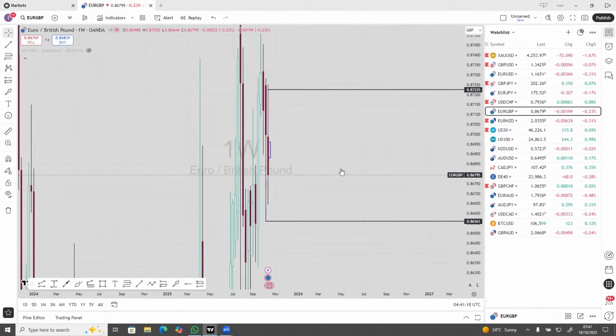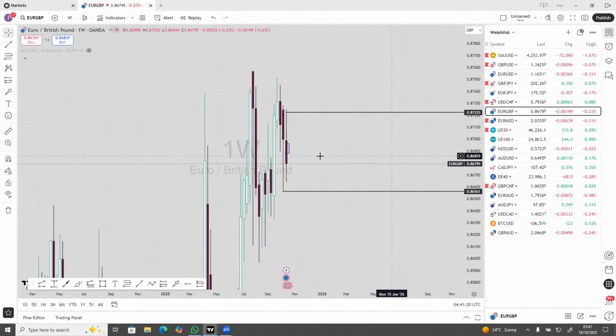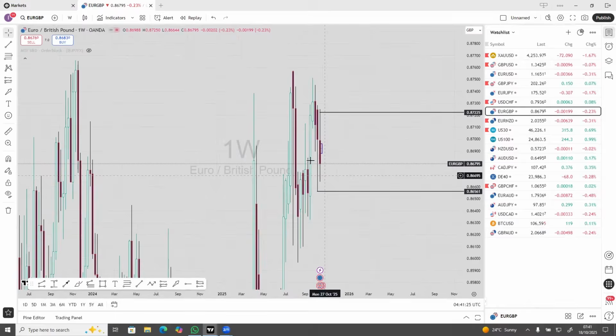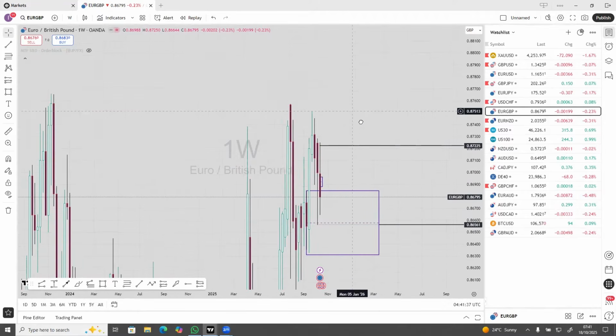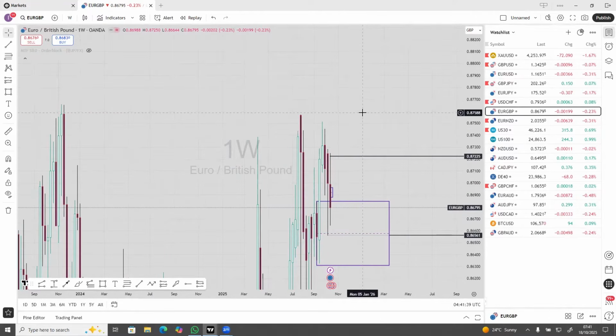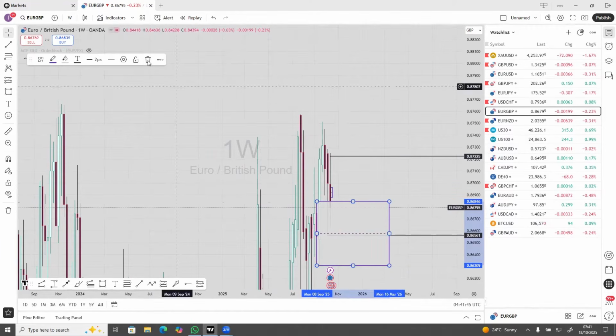What details are available on weekly time frame? We can see it tried to mitigate this weekly demand. You can see it mitigated that weekly demand, and then we're supposed to look for buys from that demand. Right now price is ranging on that weekly demand.